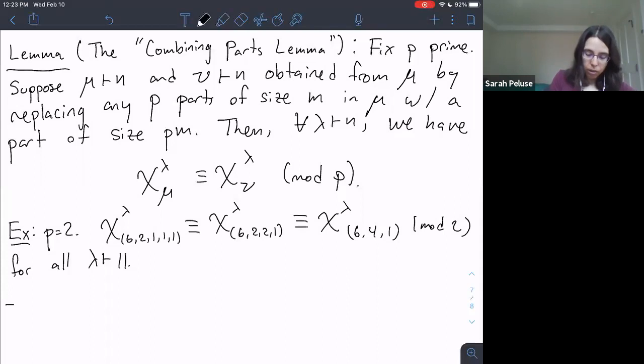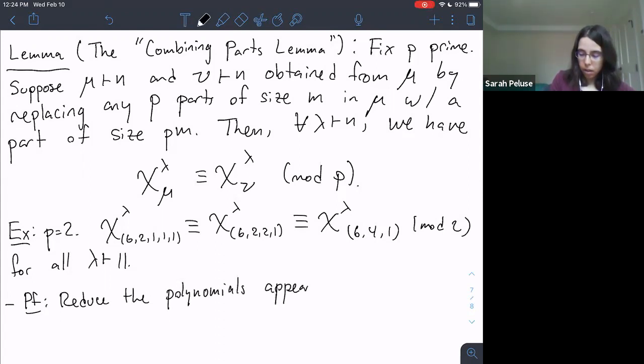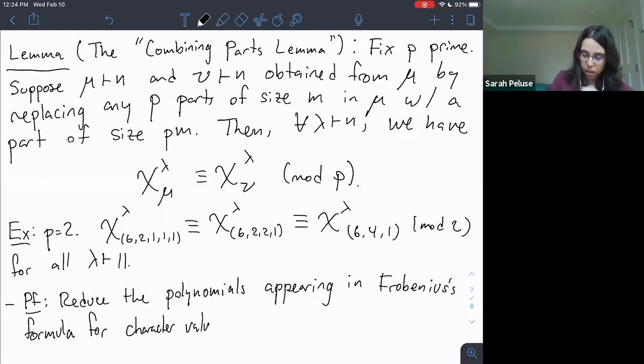So what you do is you just reduce the polynomials appearing in Frobenius's formula modulo p.